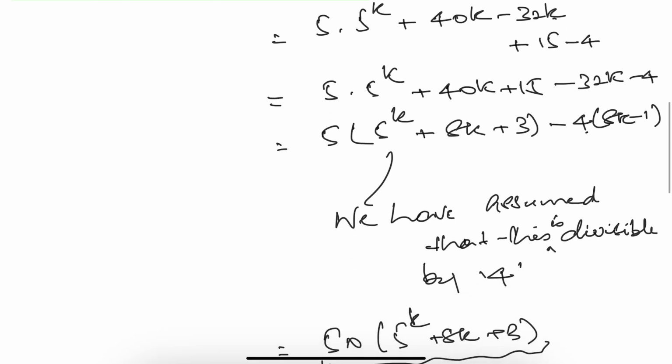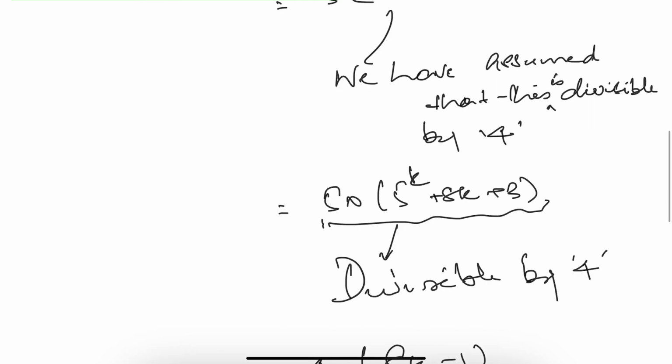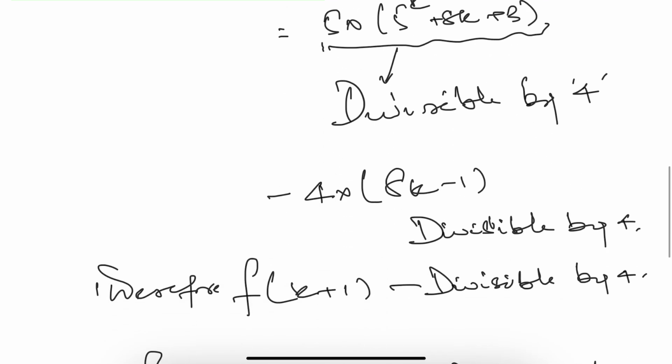Right, we can analyze it. Inside the bracket, 5 to the power k plus 8k plus 3, we have assumed that will be divisible by 4. So that is divisible by 4. If that's the case, 5 times the function is divisible by 4, of course. The rest of the function is minus 4 times 8k minus 1.